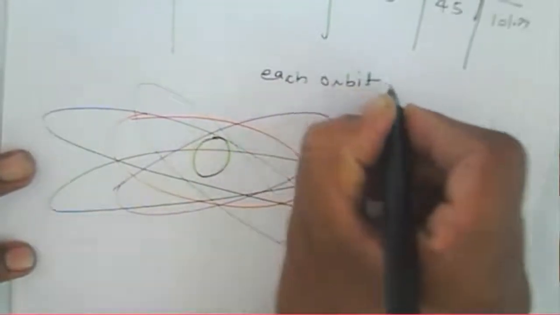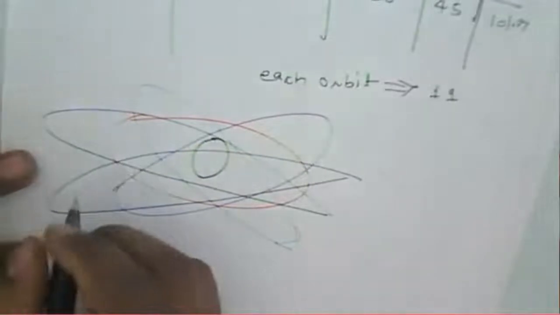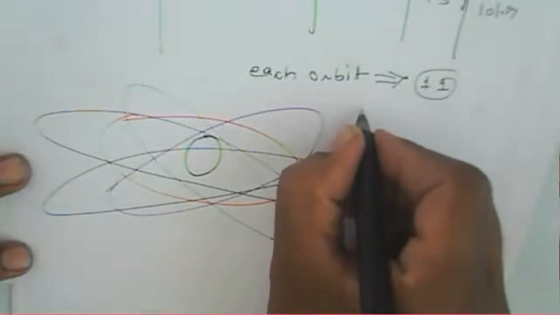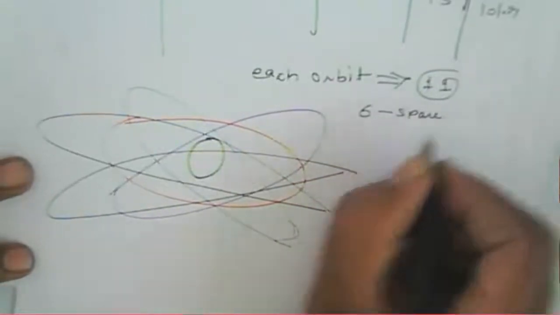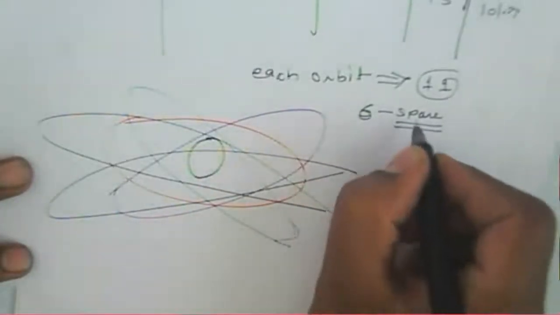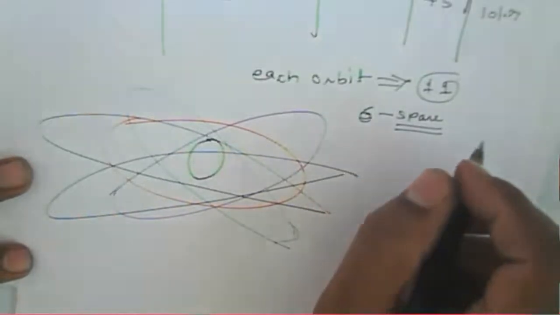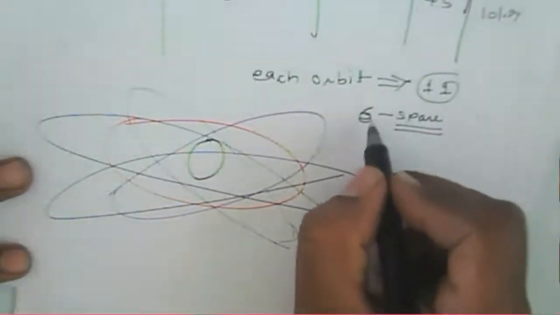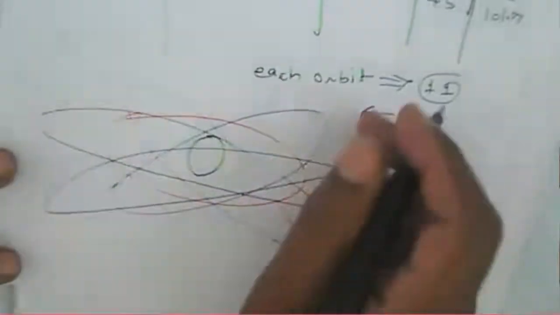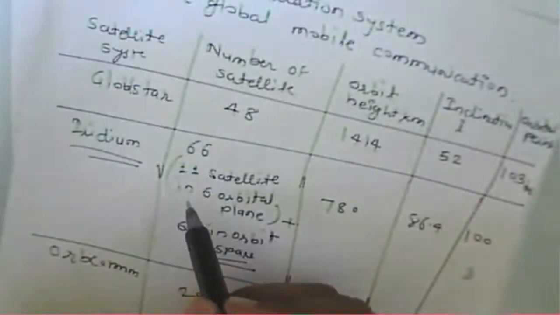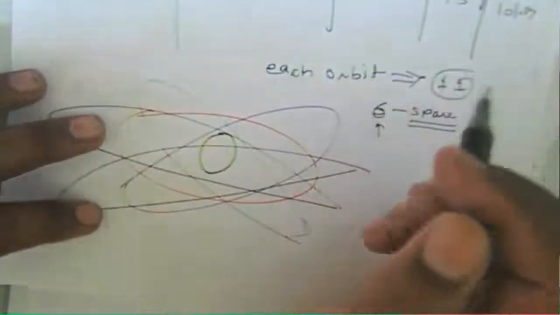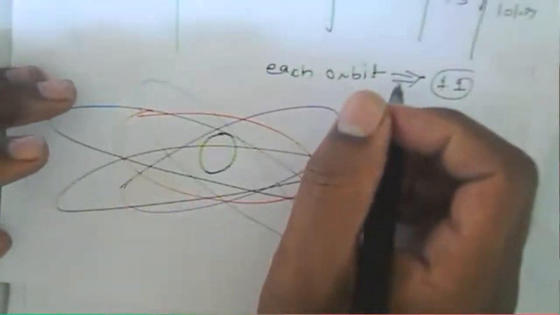Likewise, they have 6 orbits there. In each orbit they have 11 satellites, and out of those 11 satellites, 6 are spare. This one is a spare one. Why? Because if any damage occurs to any satellite, then a spare satellite will be used. So this is about the Iridium system.